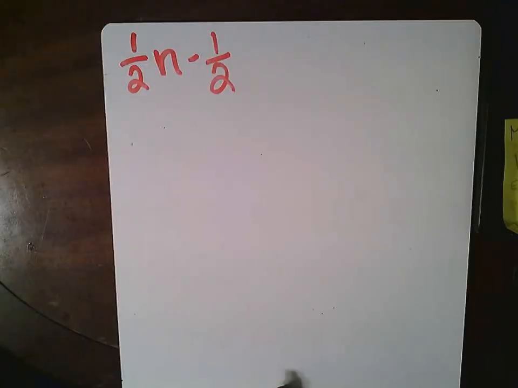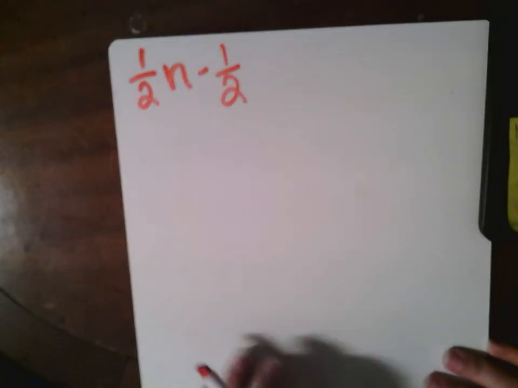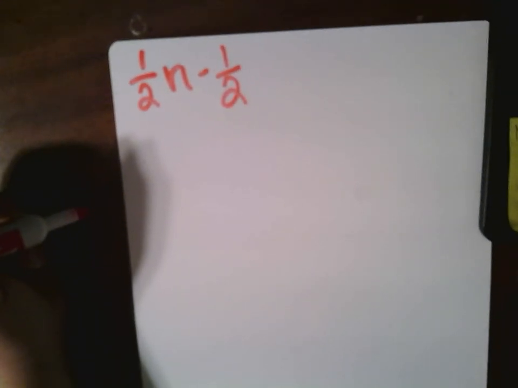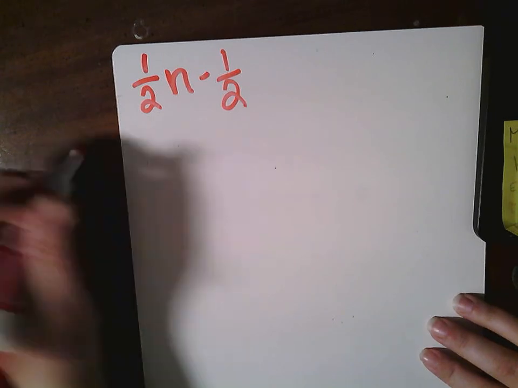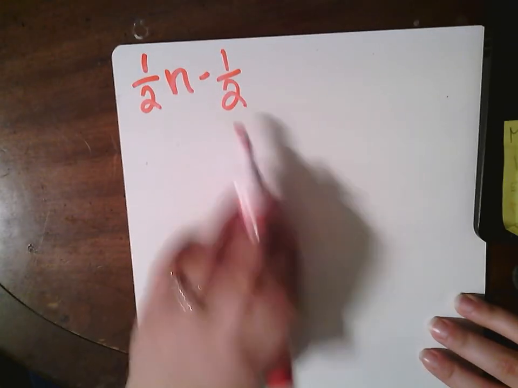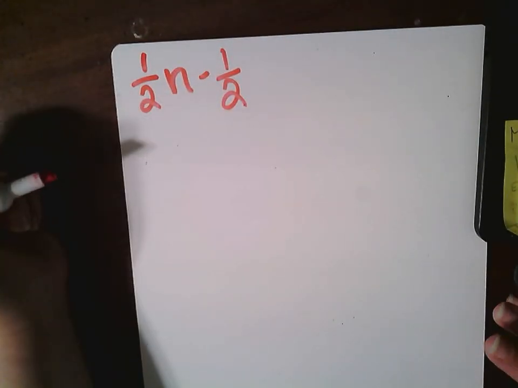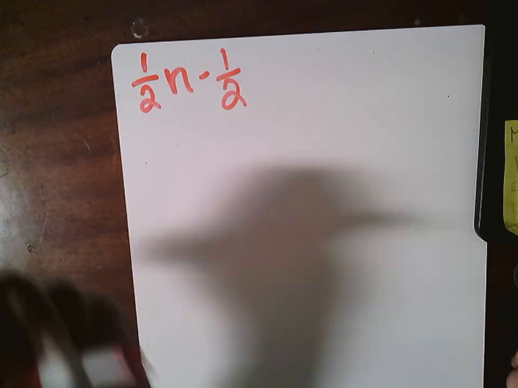Alright, so this next practice problem, we have 1/2 n minus 1/2. Again, we're going to factor out the rational number here. Our rational number, if you can see it, is 1/2. We don't even have to think through how many 1/2s are in 1/2. It's 1. 1/2 is 1/2.